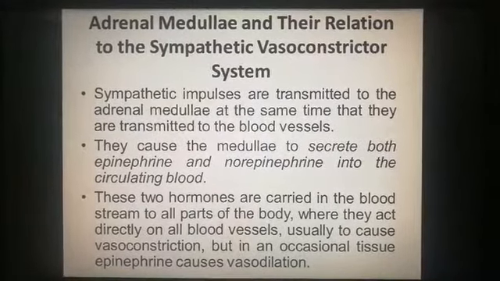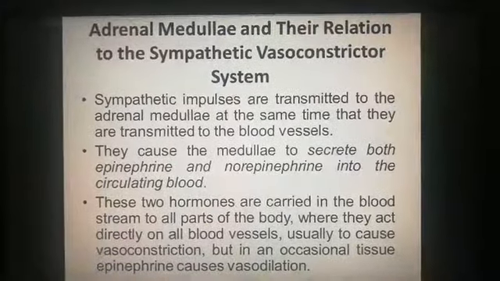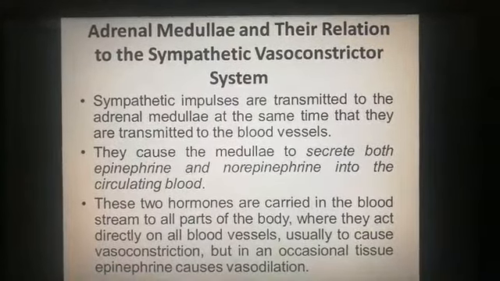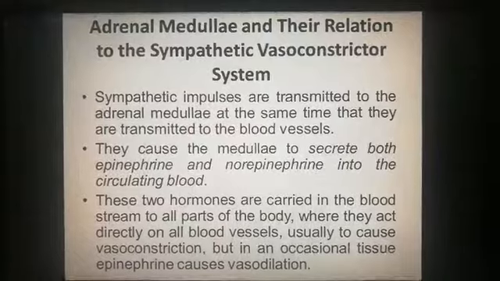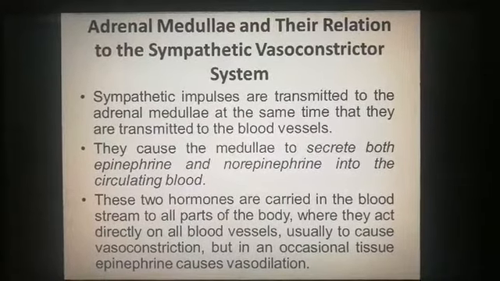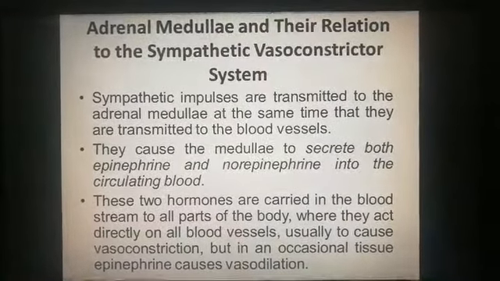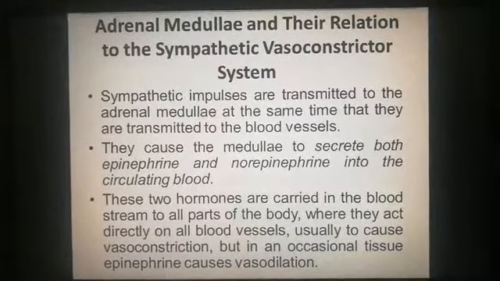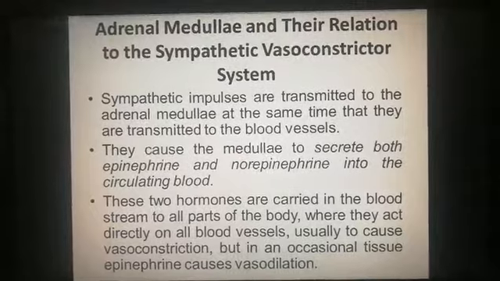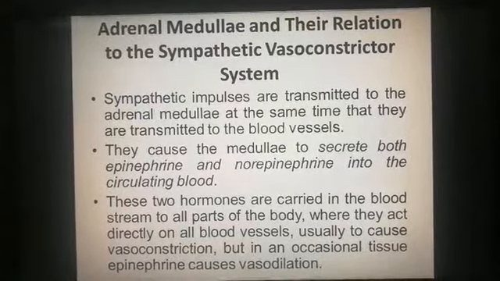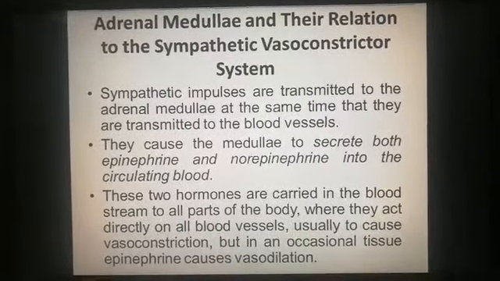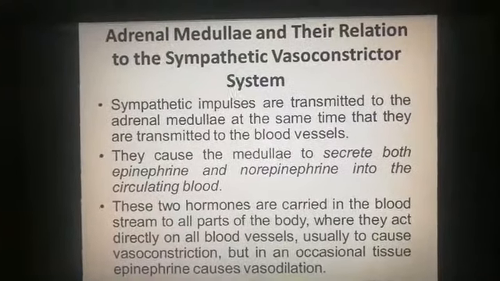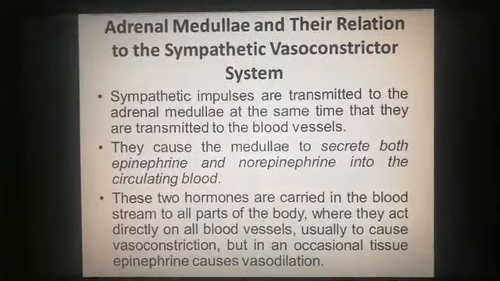They cause the medulla to secrete both epinephrine and norepinephrine into the circulating blood. These two hormones are carried in the bloodstream to all parts of the body, where they act directly on the blood vessels, usually to cause vasoconstriction. But in occasional tissues, epinephrine causes vasodilation. An example of vasodilation occurs in the GIT, the gastrointestinal tract. So the main effect is vasoconstriction.